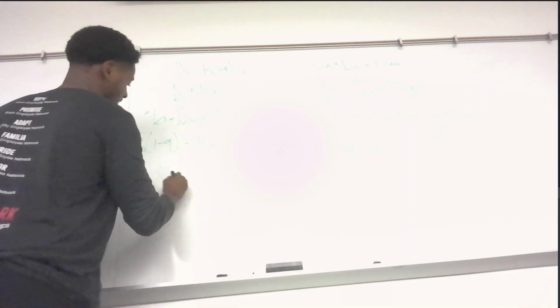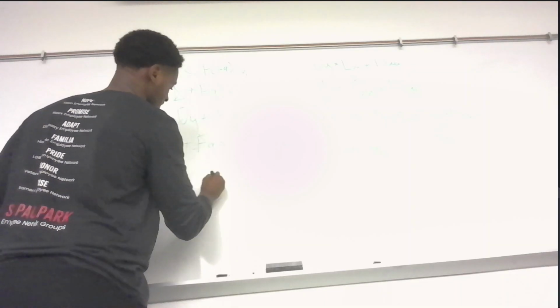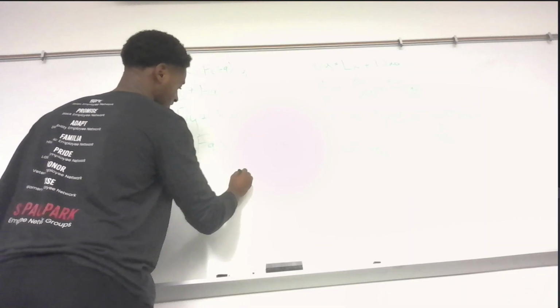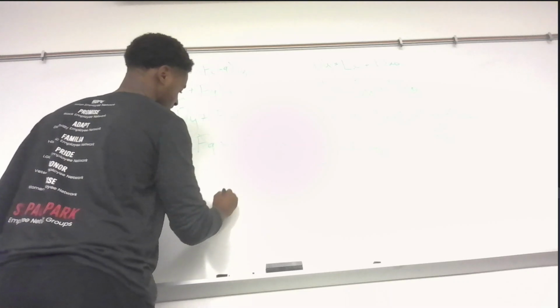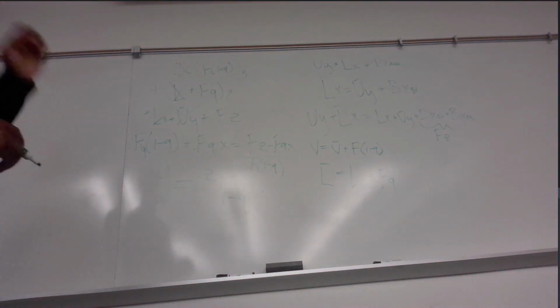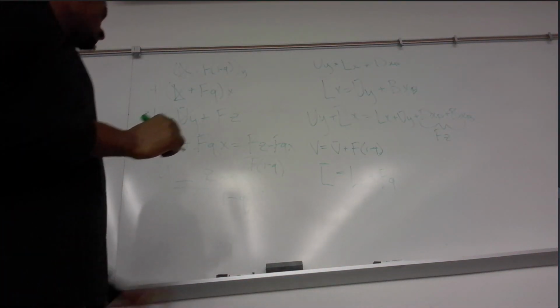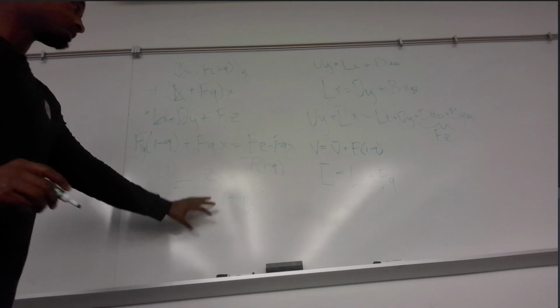Now we have that y is equal to z over (1 minus q) minus qx over (1 minus q). So this is the governing equation for the q line.